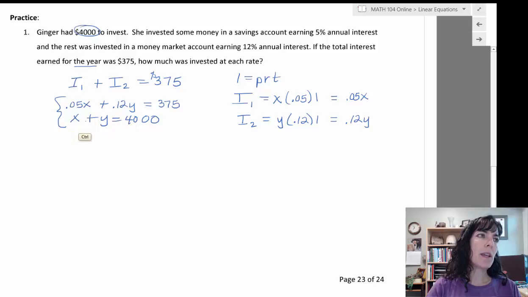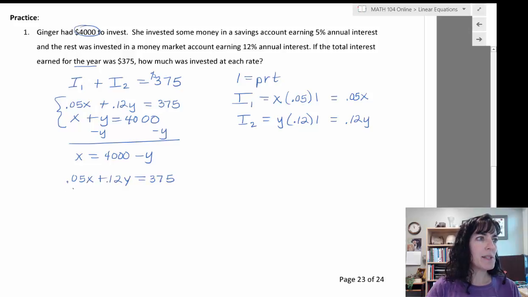So I'm thinking, let's just solve for x. So to do that, I'll subtract y from both sides. And then I have x equals 4,000 minus y. Now I have a new system, and I'm going to rewrite it just because it helps me think. And my system is now x equals 4,000 minus y for the second equation, and the first equation is unchanged.